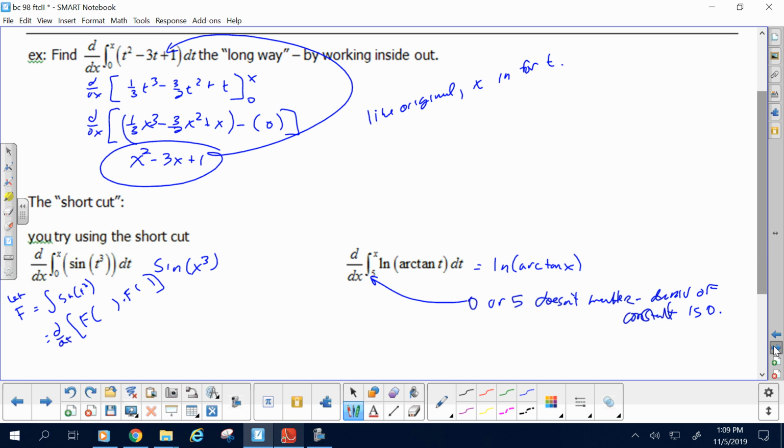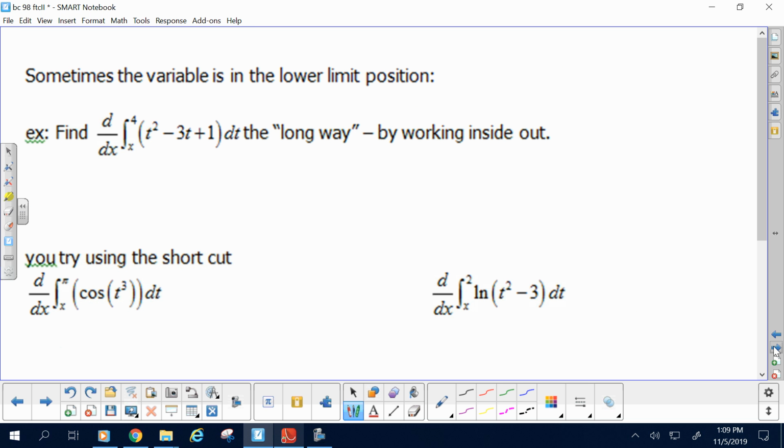All right. If I were to do this the quote-unquote long way, yes, I know I could switch the limits, but let's talk about why you switch the limits other than because you were told to. So what is the antiderivative of t squared minus 3t plus 1? Same thing we just said.